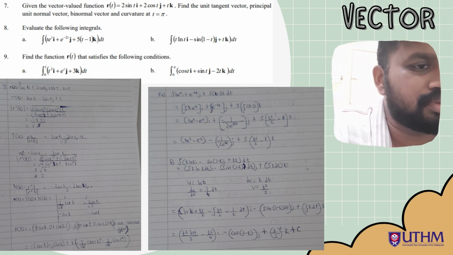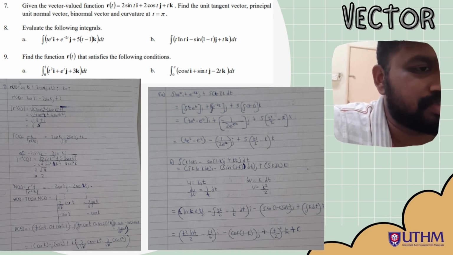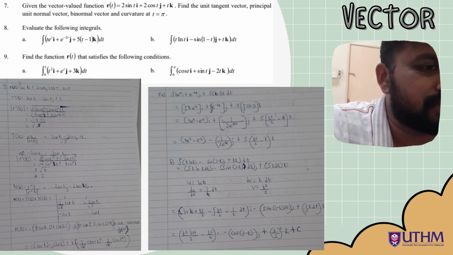So N(t) equals r prime t over the magnitude of r prime t, which equals 2 sin t i plus negative 2 cos t j over 2. So you will next get the value of i and j equals 2 over root 5 cos t, negative sin t in j, to negative 2 sin t over root 5, then negative cos t.